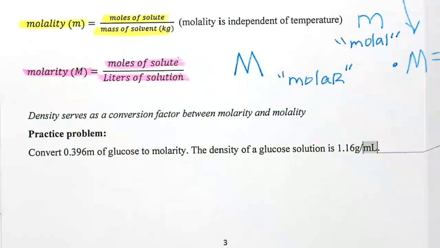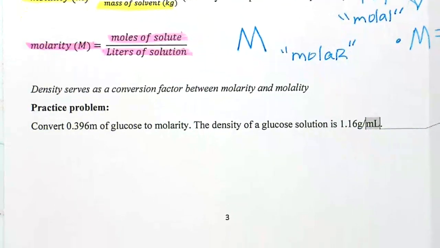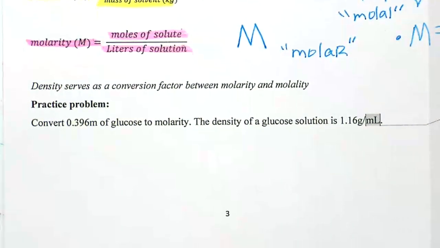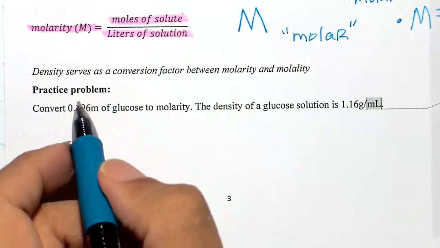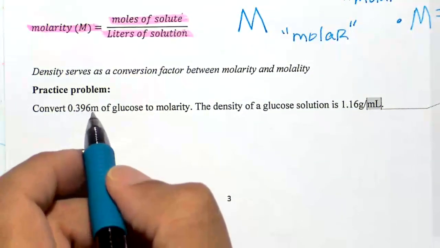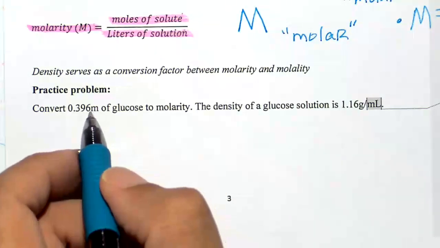We'll do these problems. They're a little tricky, but with practice, it should be okay. So we have here 0.396 molal. I need everyone's attention here because once we get this problem, the other problems will be easier.